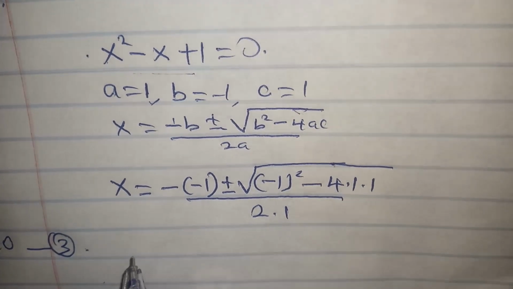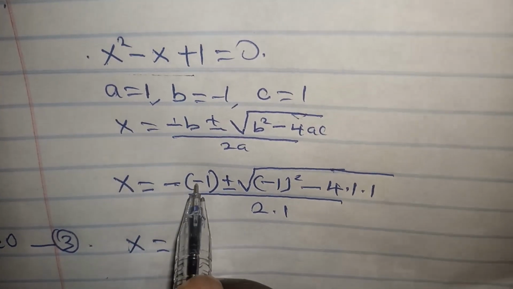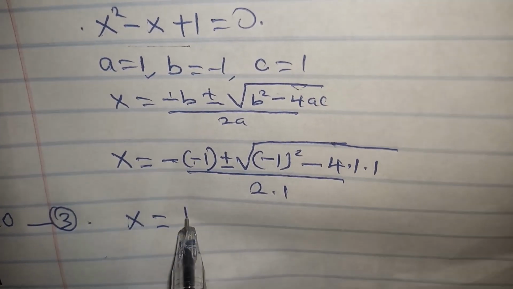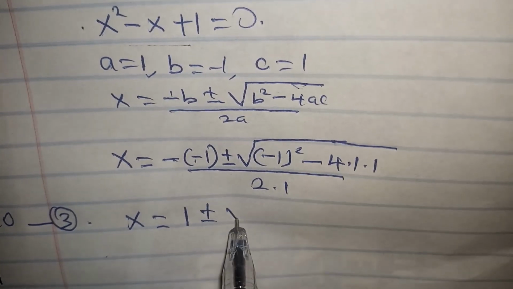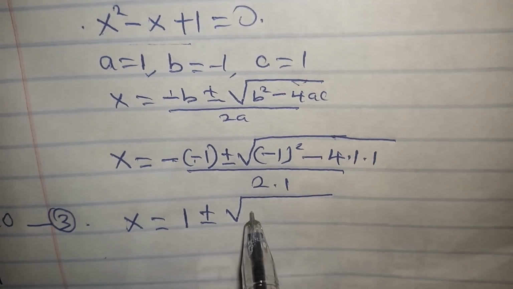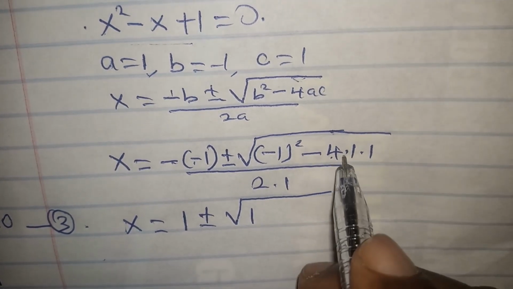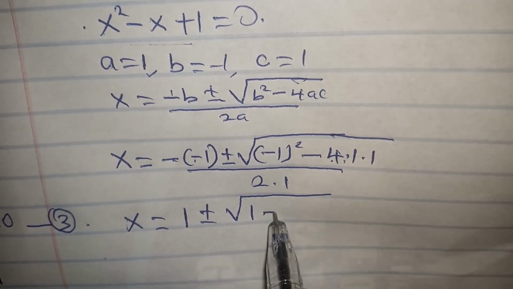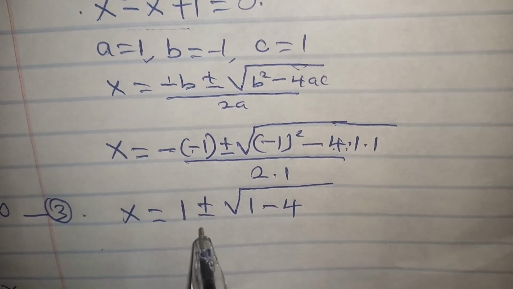Having done this, we have x is equal to minus turning to plus 1, plus or minus the root of this one is going to turn 1, and 4 times 1 is going to give us 4. So I'm having minus 4 over 2.